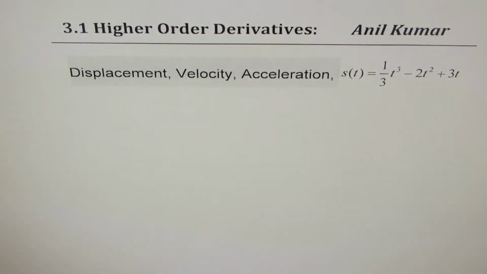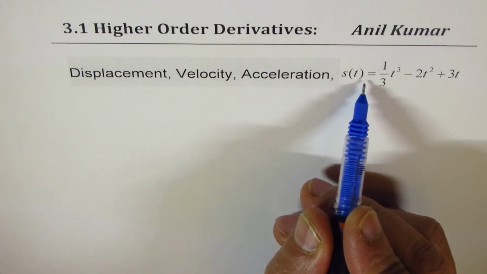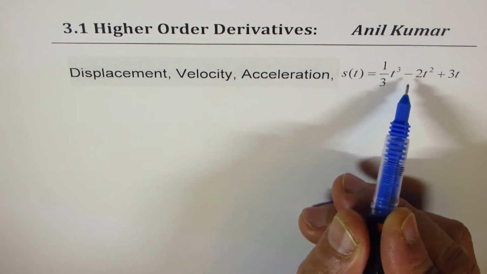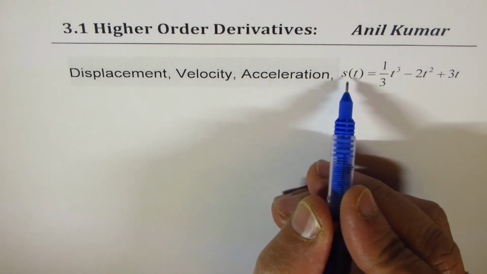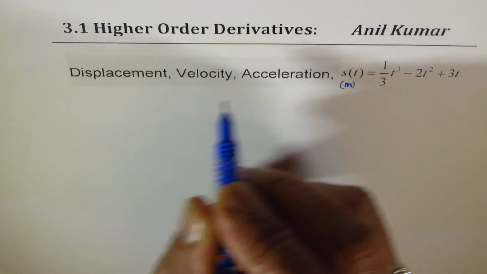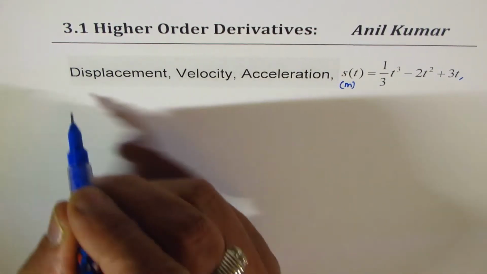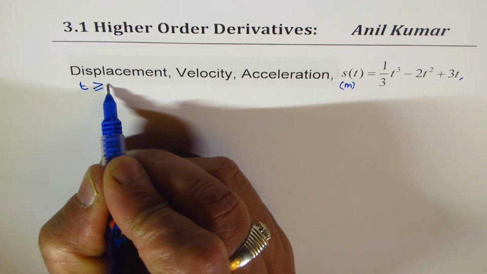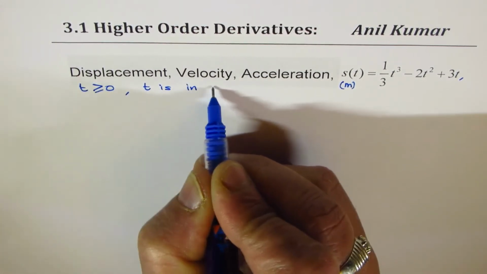So the function here is the displacement function s of t equals 1/3 t cubed minus 2t squared plus 3t. Let us assume that displacement is in meters, and time is in seconds. And let us also assume that time t is greater than or equal to 0.